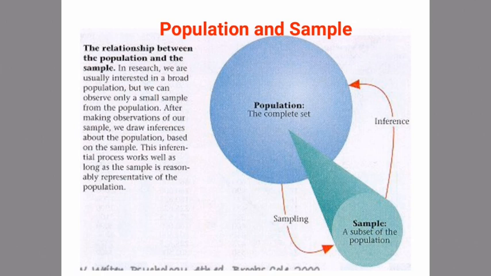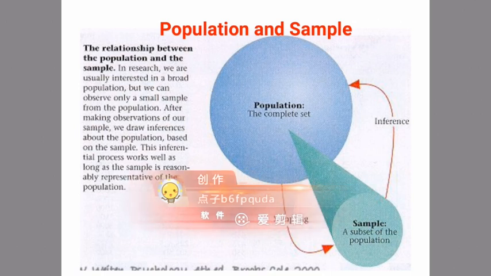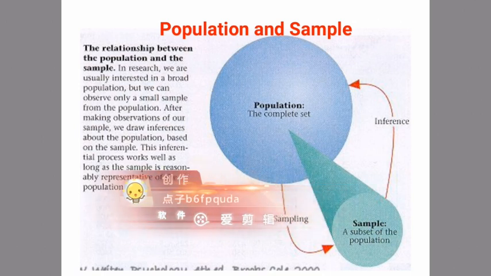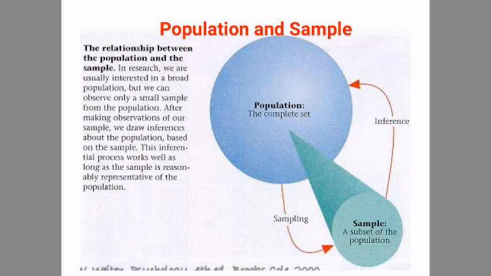After we conduct different methods to describe the characteristics of the sample, the characteristics of the sample will be used to infer the population, to get the characteristics of the population. The process of selecting part of the observations is called sampling.